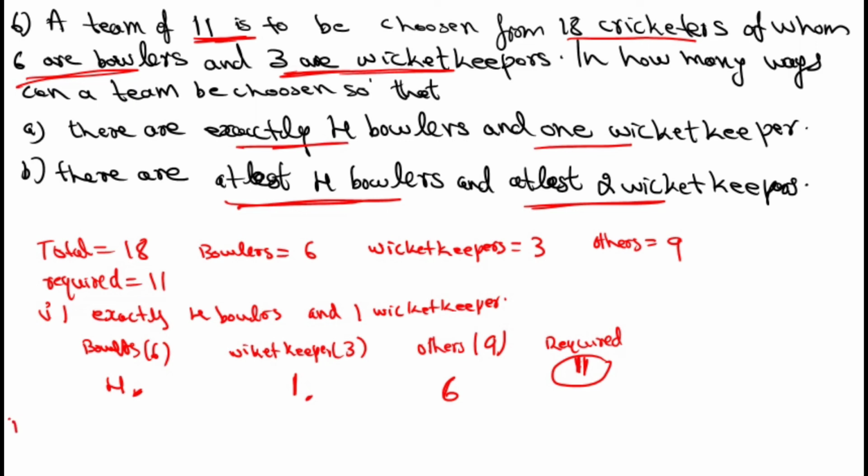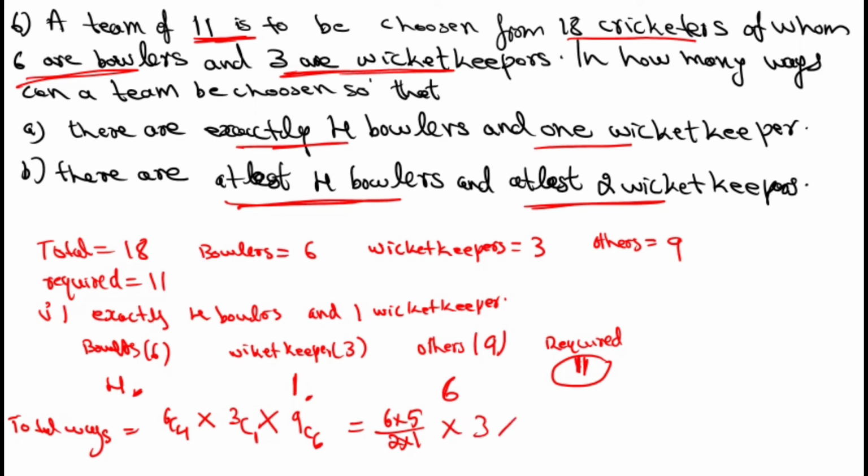So total ways is equal to 6C4, the selection of 4 bowlers from the 6 bowlers, into 3C1, 1 wicket keeper from 3 wicket keepers, into 9C6, 6 others from the 9 other players. 6C4 is equal to 6C2, so you'll get 6 into 5 divided by 2 into 1, into 3C1, whose value is 3. 9C6 is equal to 9C3 because nCr is equal to nC(n minus r).